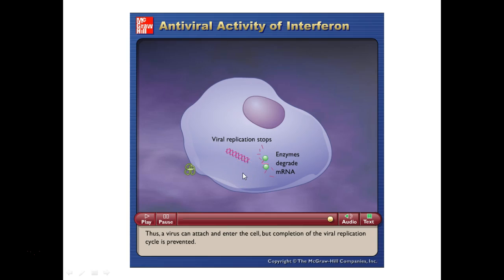When the virus gets in, it needs to replicate its proteins, maybe even its DNA or its RNA, depending. We shut down cellular processes by literally destroying messenger RNA. So if we shut down cellular processes, what's going to happen to that cell? It's going to die.